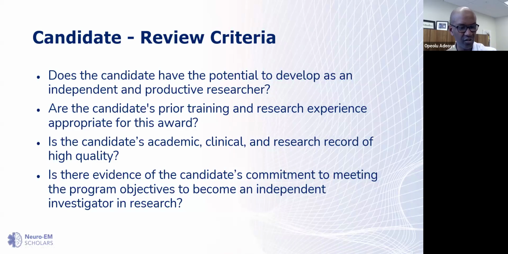This is how I started, and this is what I've done, and this is what I learned, and I've gotten really good at this. But boy, for me to go on to that next level, I really need A, B, and C, right? So this is a compelling story of your prior training, your research experience, your demonstrated commitment to research, and the kind of work you've done in terms of the academic, clinical, and research record of high quality.